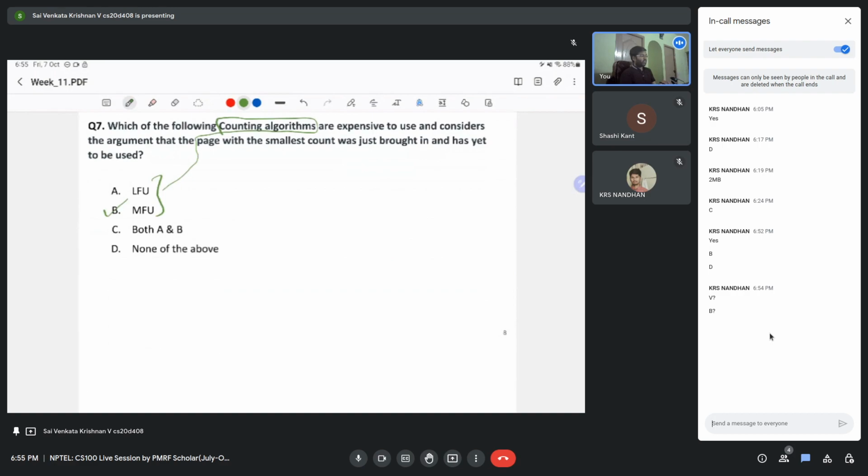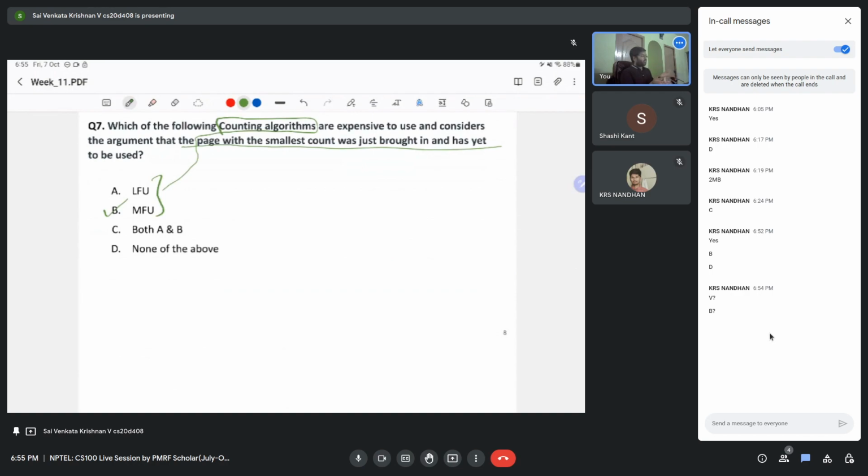But out of LFU and MFU, MFU is the one which follows the argument that the page with the smallest count was just brought in and is yet to be fully utilized by your process. It's a new page, and the assumption is that in the future that newly brought in page will definitely be referenced multiple times. So keeping it in the frame would be beneficial.